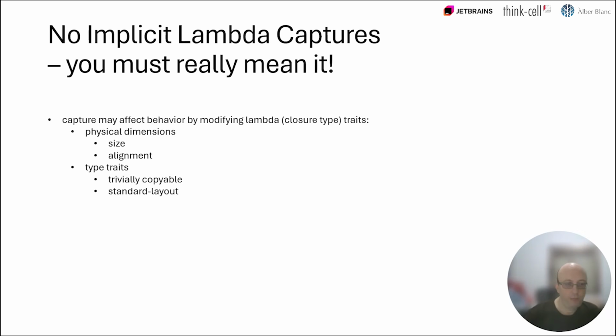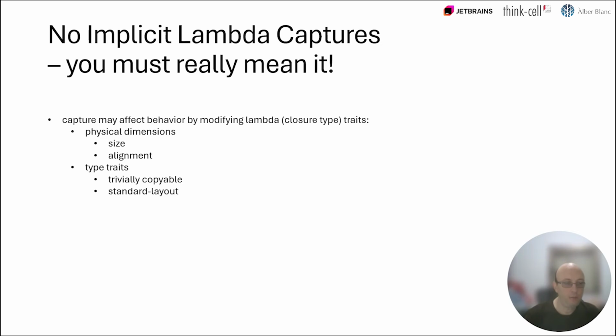The reason for having this limitation is that we're affecting behavior. Other than the obvious, that in some cases some object may be expensive to copy into a lambda, and the programmer may not have realized they were doing that, we may be affecting both the physical dimensions of the lambda, such as its size and alignment, and its type traits.